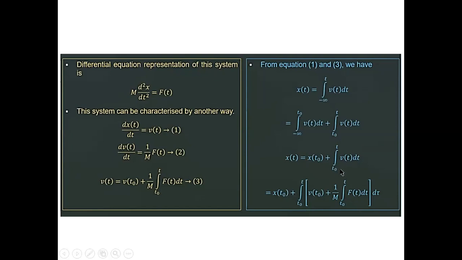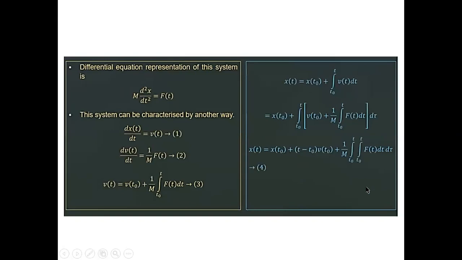But for the integration from t0 to t of v of t dt, we already know the definition for v of t. Equation number 3 gives us the definition, so we'll put it here and do the simplification.